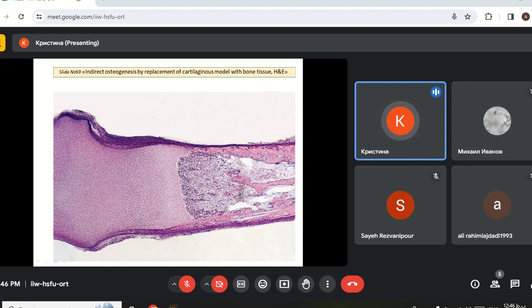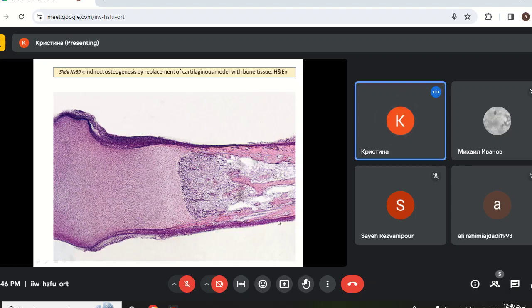Here we have the primary center of ossification. It means that in the area of diaphysis we have the breaking down of the cartilage tissue and replacement of it with the bone tissue. Bone tissue is oxyphilic in color.